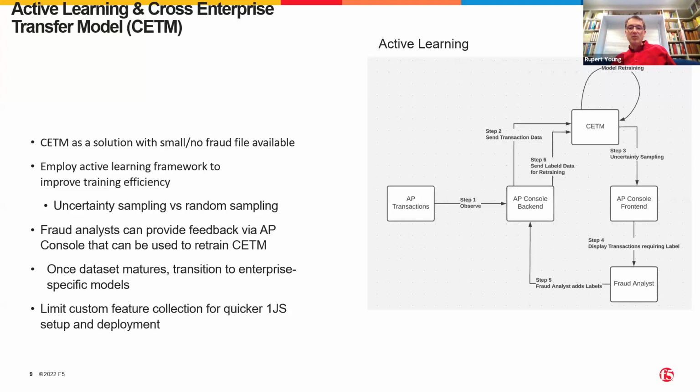So we are working with our customers right now on something we call active learning. We take the most uncertain transactions from the model that we trained somewhere else, and when we apply it to the new customer, we take a set of the transactions that we think will provide the most training value.